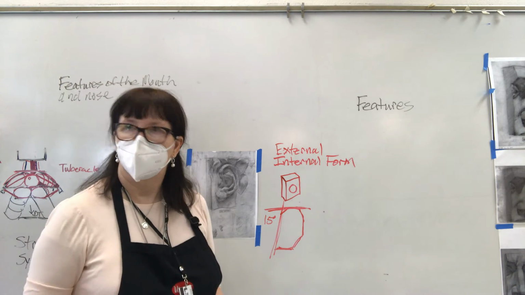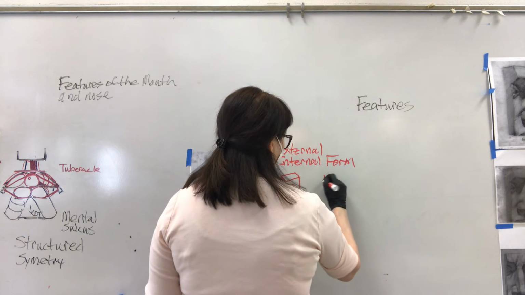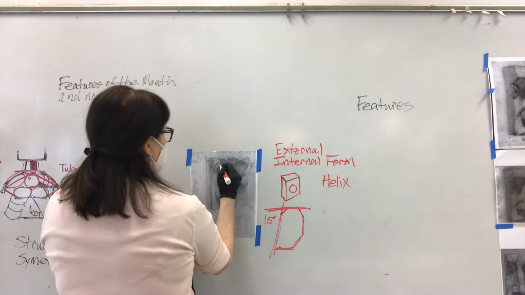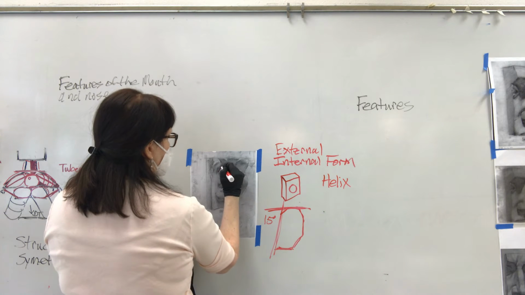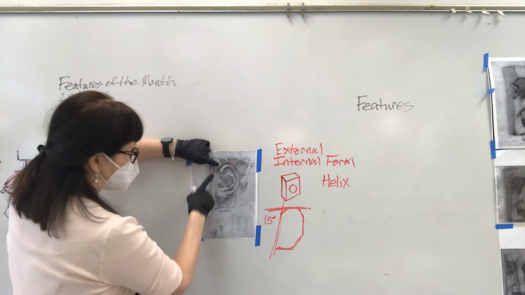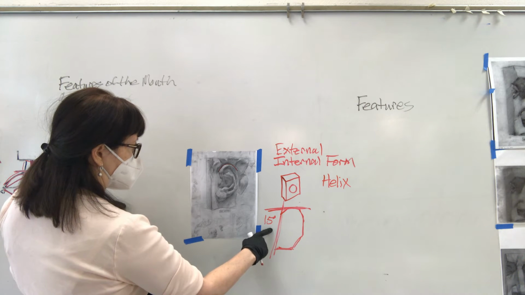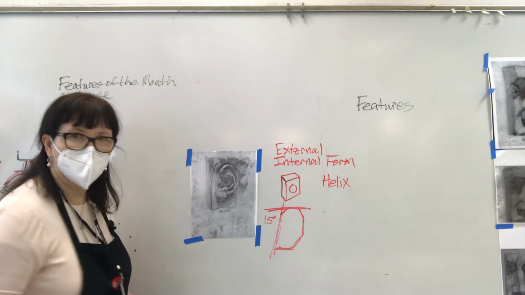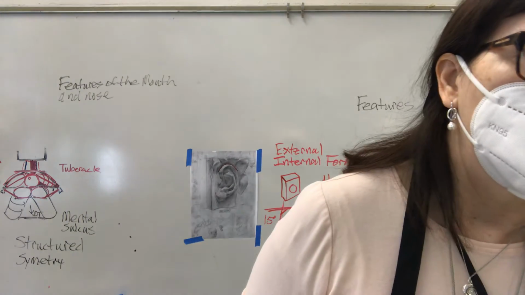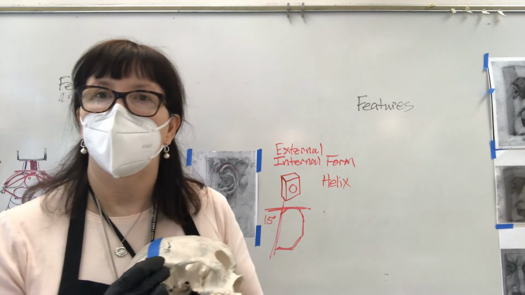Okay, so we've got a helix. That's this portion of the ear. Remember, this to this is at a 15-degree angle. It sits behind the mandible.